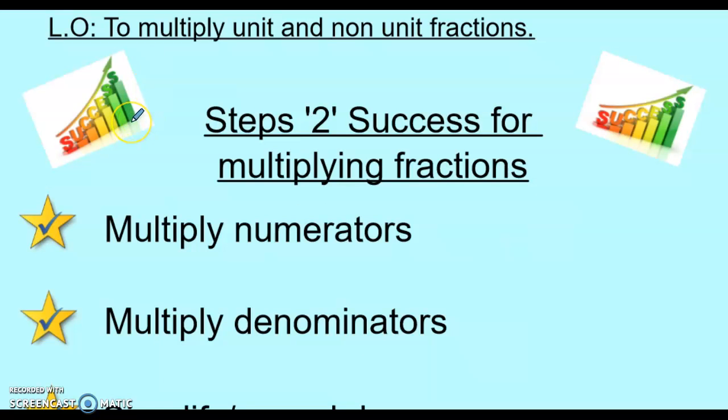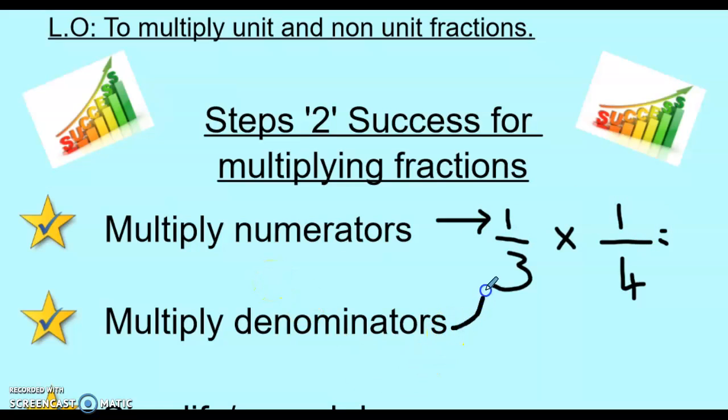Let's look at our steps to success. The first thing that you need to do when you're multiplying two fractions together, like 1/3 times by 1/4, is times both of the numerators together first. The numerator is the top number, so you would do 1 times 1. The next thing is to multiply the denominators together.